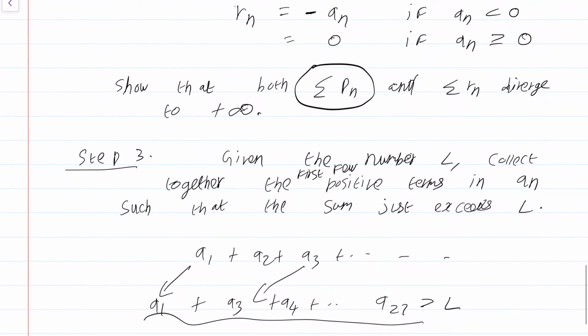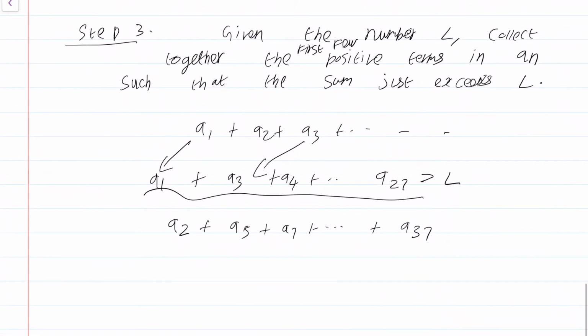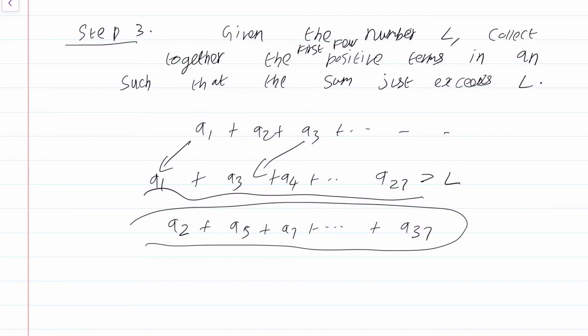Note that this series Rn also diverges, to minus infinity. So in particular, this quantity can be made as negative as you desire, right? So what will happen is when you add enough of these terms to the previous set of terms, there will come a point where it will become less than L again, right?